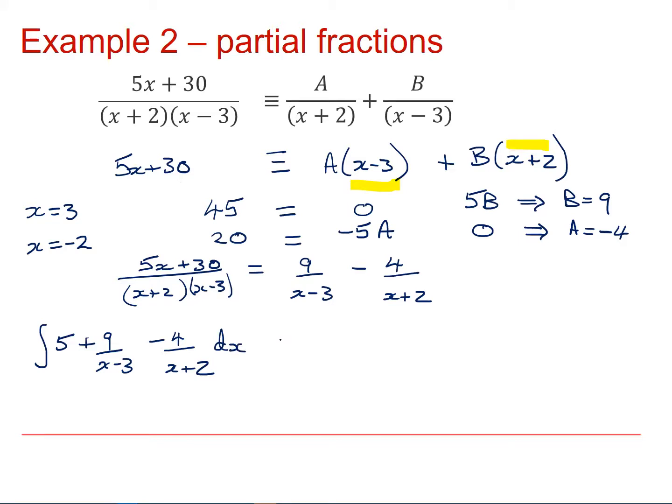So integrating that, I'm going to get 5x from the first bit, 9 lots of the log of mod (x - 3) from the second bit, and then minus 4 lots of the log of mod (x + 2) from the last bit. And don't forget my constant.